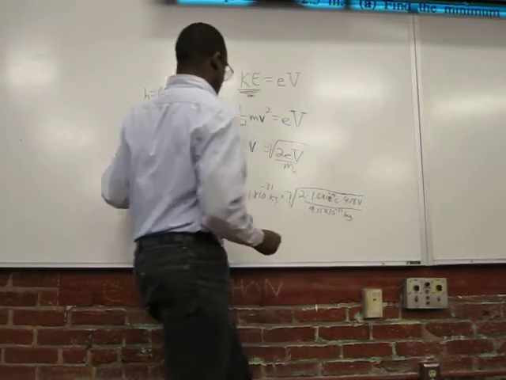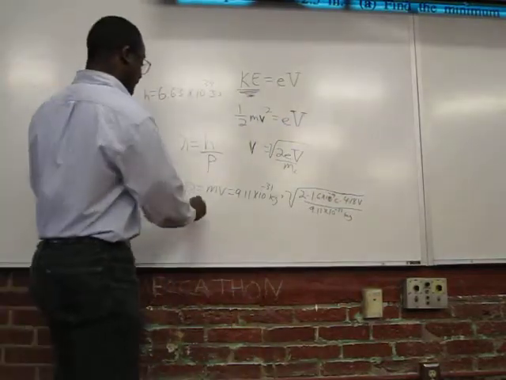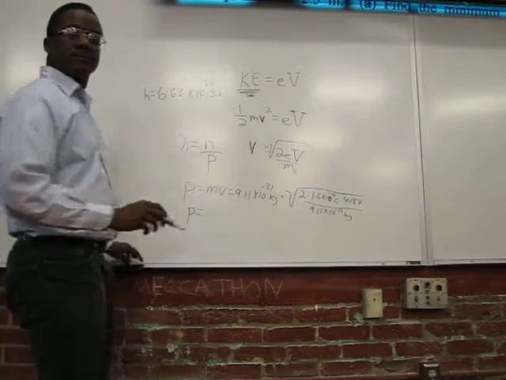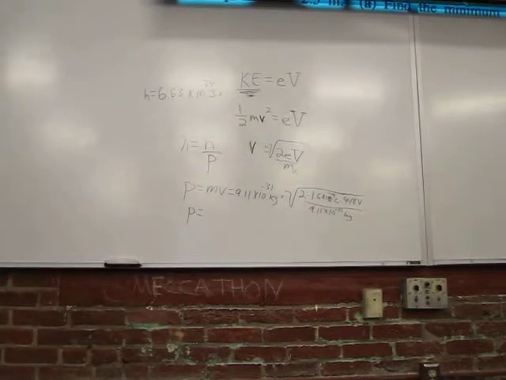Alright. And so when we calculate that, we get the momentum. Let me find that. Alright, so that's 2 times 1.6 times 10 to the negative 19 times 400 divided by 9.1 times 10 to the negative 31. Get the square root of this.